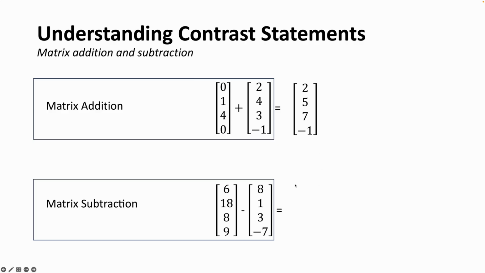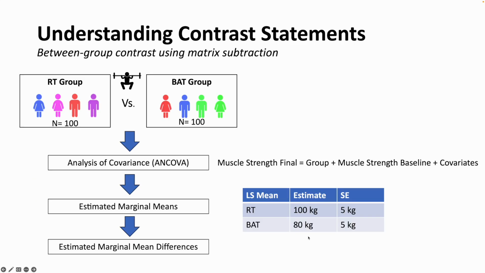Matrix subtraction is just subtraction going across the columns. So again, 6 minus 8 is negative 2, 18 minus 1 is 17, 8 minus 3 is 5, 9 minus negative 7 is 16.